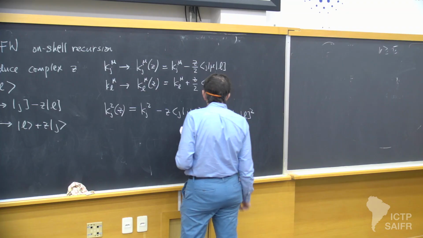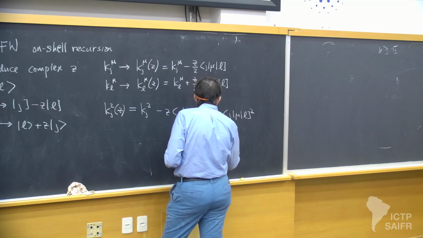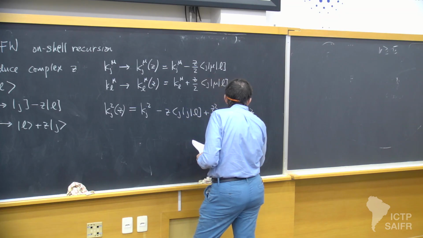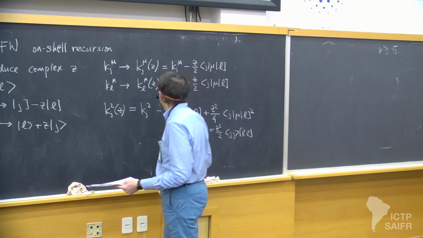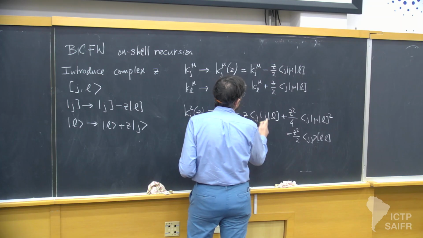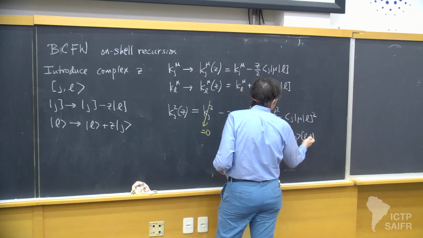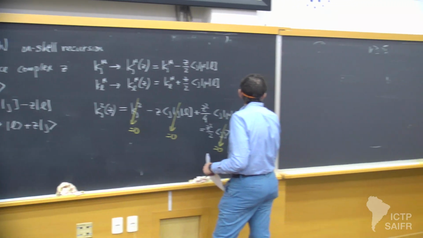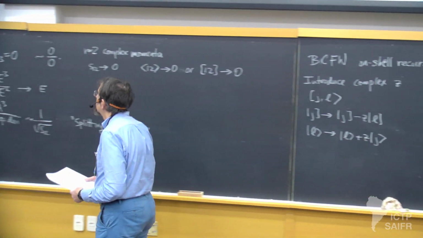And the last term, we can just use the Fierz identity to get z squared over 2 times the angle product of jj and the angle product of L and L. Well, k_j, of course, is an on-shell momentum, so that's 0. Here we have an angle product of j with itself, so that's 0. Here we have both an angle product of j with itself and L with itself, so that's 0. So in fact, even after the shift, the jth momentum stays on shell.